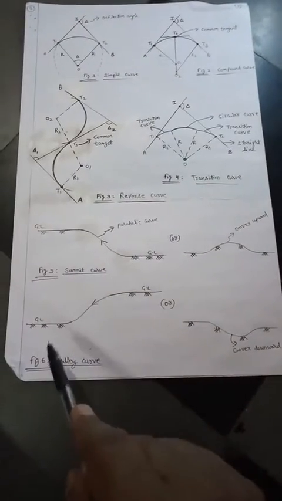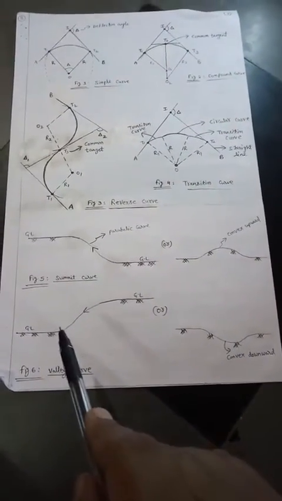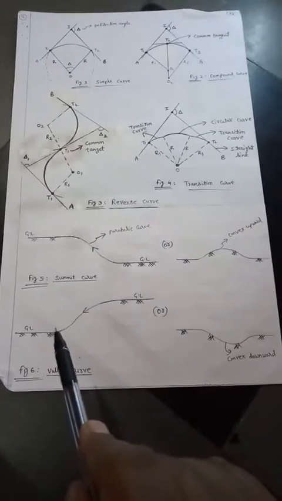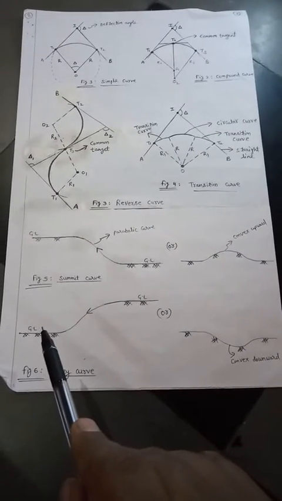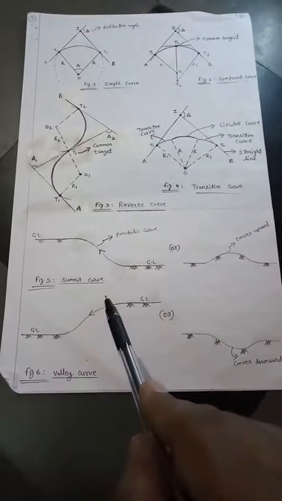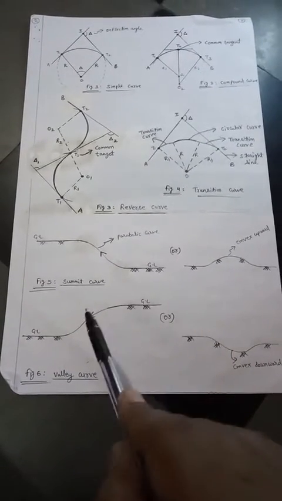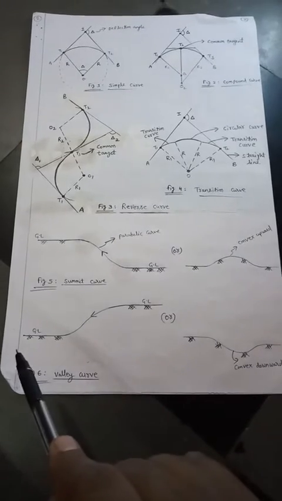So this is a diagram of valley curve. There are two diagrams here. Definition number one diagram here: sag curves are those which change the alignment of road from uphill to downhill.